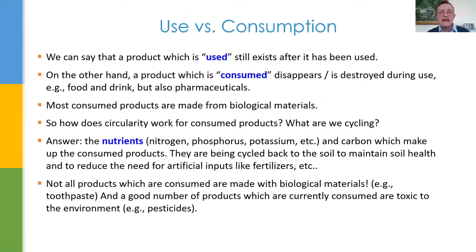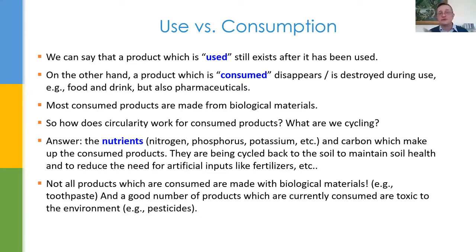So when we say that a product is used, it still exists after it has been used. For instance, this computer, which I am using at the moment to give this lecture to you, will continue to exist after I have finished giving you the lecture. On the other hand, products which are consumed, they disappear. They are destroyed during use.